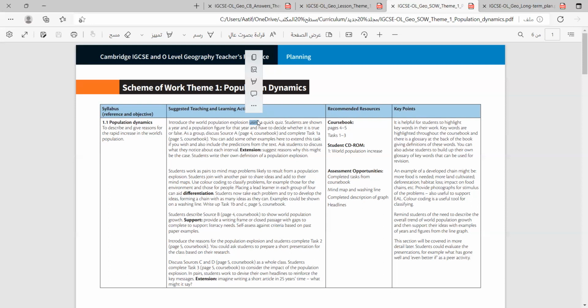The population of the world is exploding, which means it's increasing, and it is growing by 78 million people every year. It's a big amount of people, and the rate just keeps going faster and more, which means an extra 215,000 people every day.